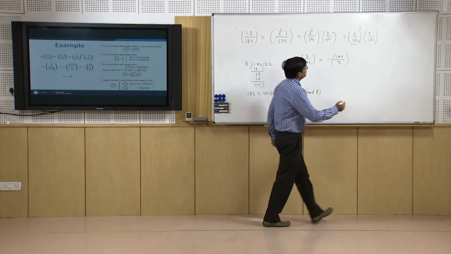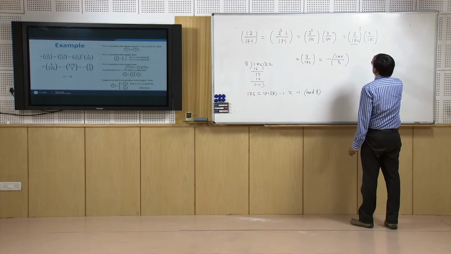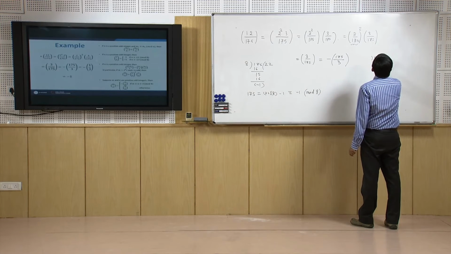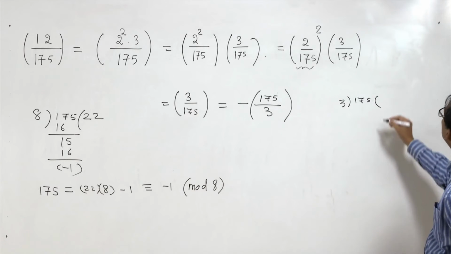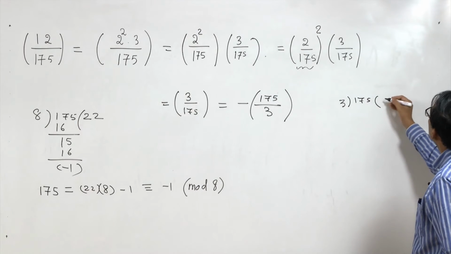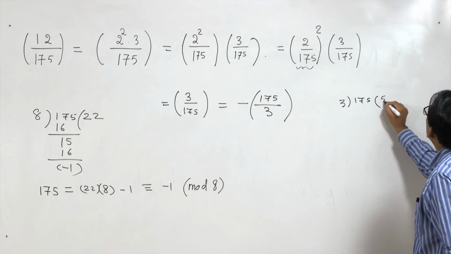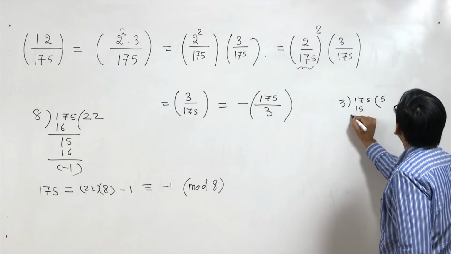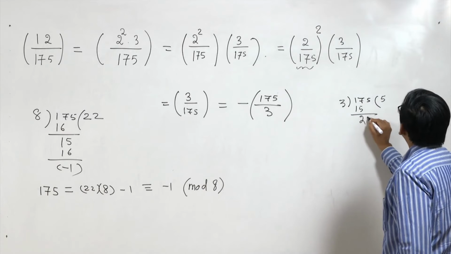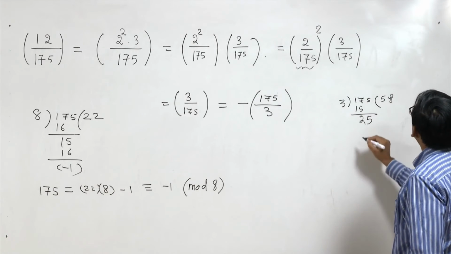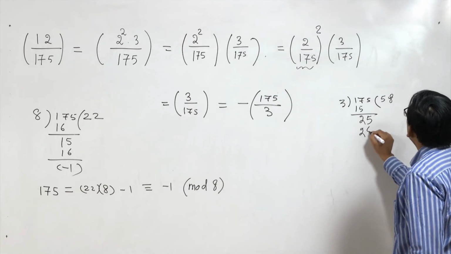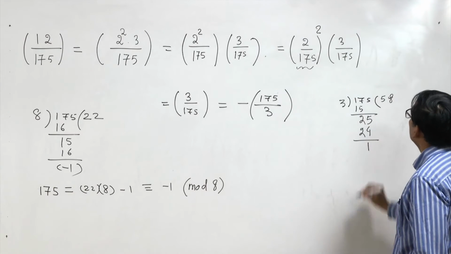So, let us do the calculation over here. I have got 175 and I divide by 3, then I have got 15 over here, this is 2 and 5, 3 8s are 24, so I have got 1.